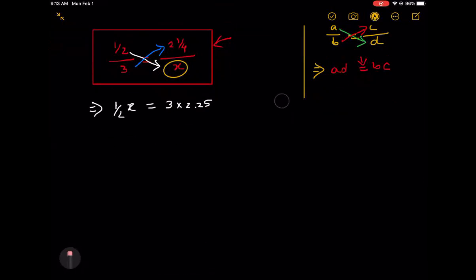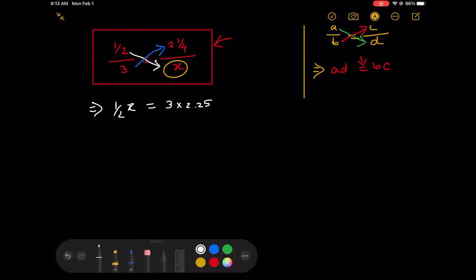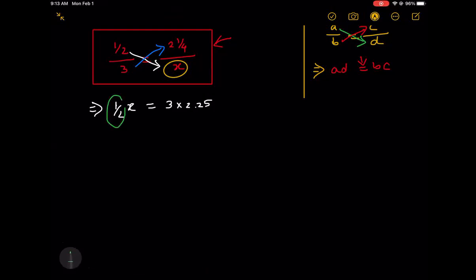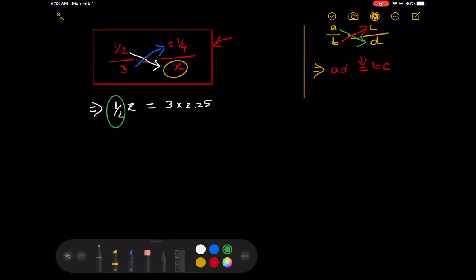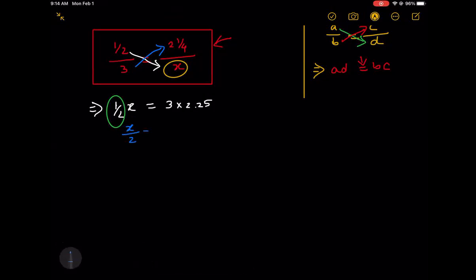So what should we do? We're trying to get rid of this half. If you remember, let me rewrite it for you guys so that it looks even more convenient. This is basically x over 2, okay? This half times x is basically x over 2, right?